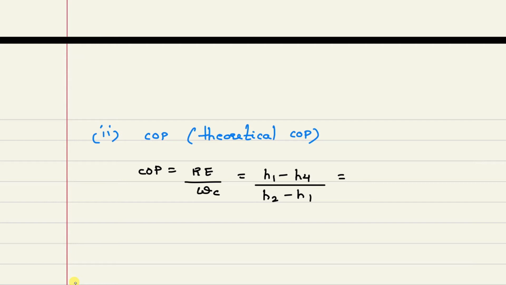H1 value, it is 1466 minus 320 divided by 1636 minus 1466. So from here we can calculate theoretical COP, which is equal to 6.74.